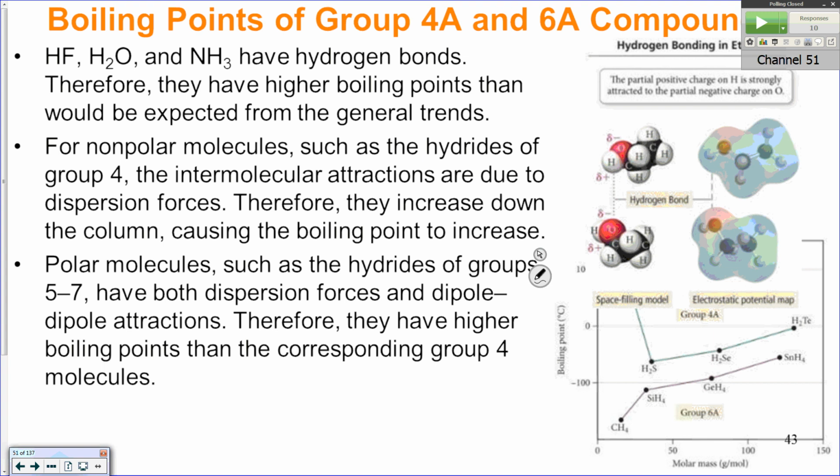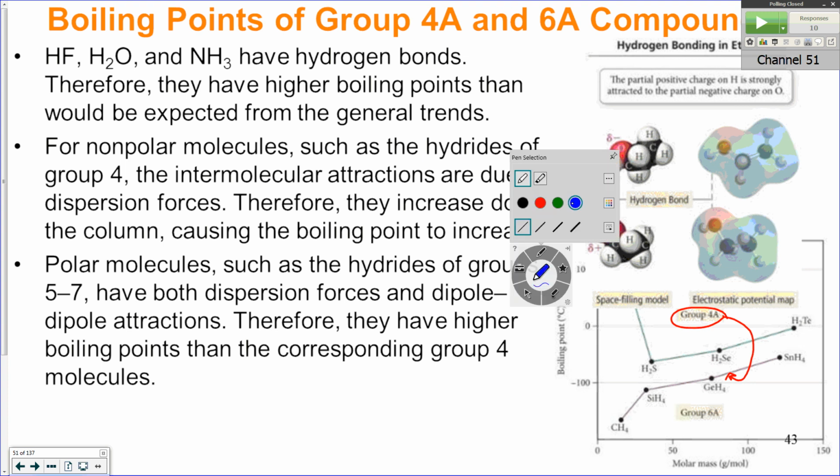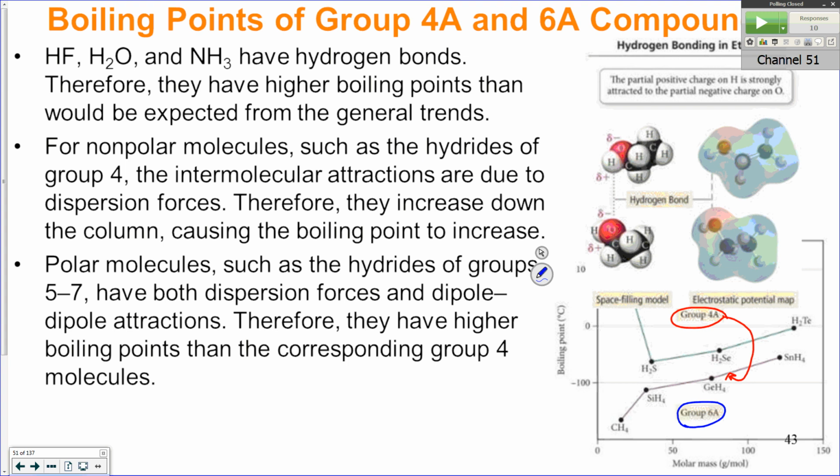The things that are red are the 4A, the things underneath carbon, so that should go to this line. And the things in blue, the 6A group, should go up here with the things underneath oxygen. They just got the label switched.